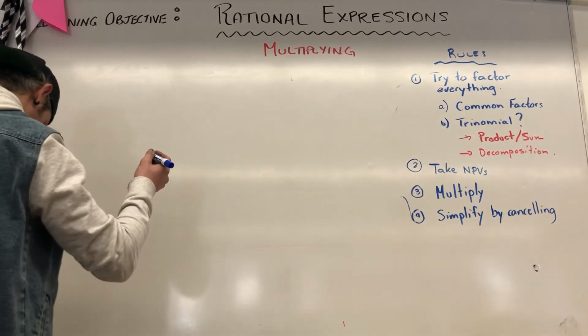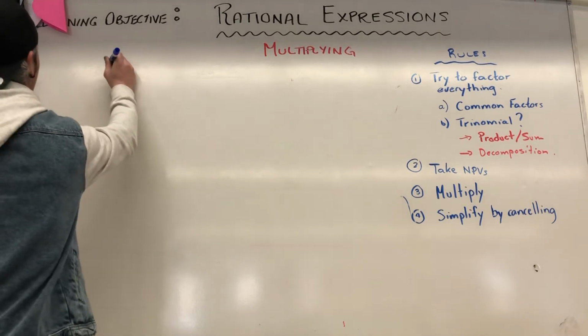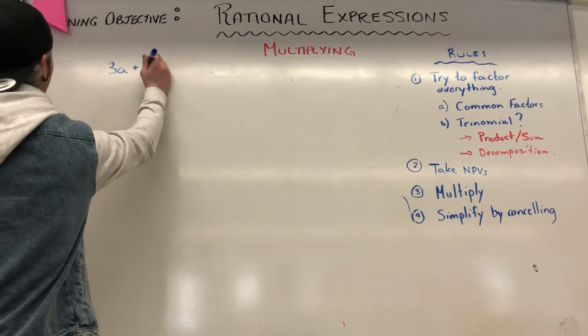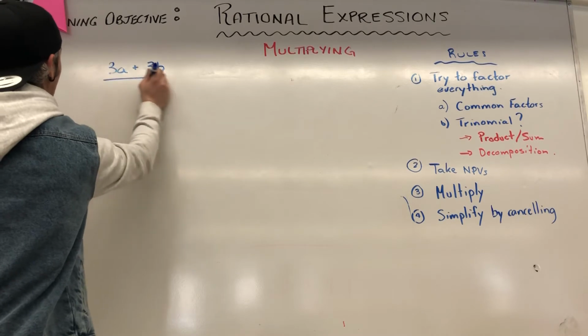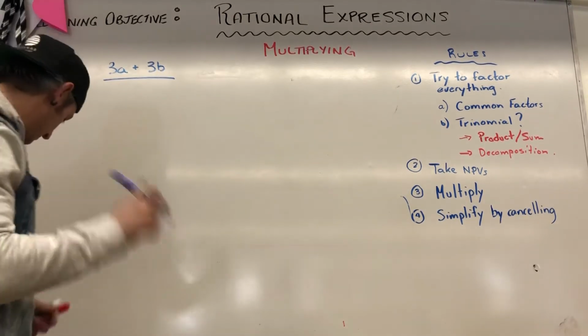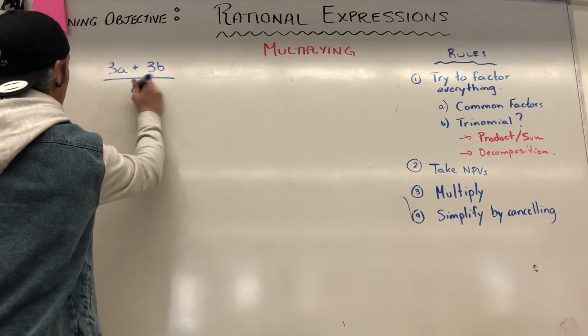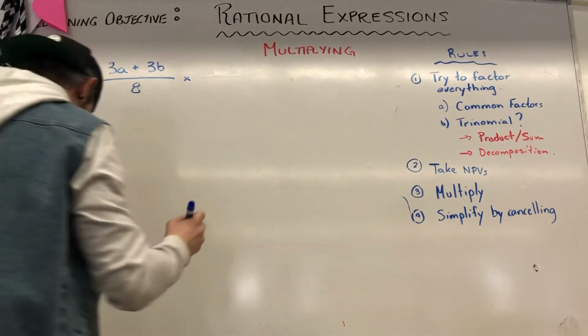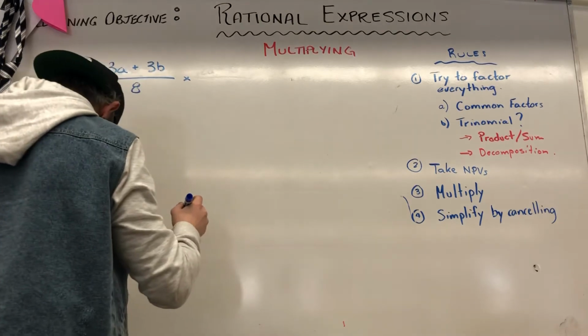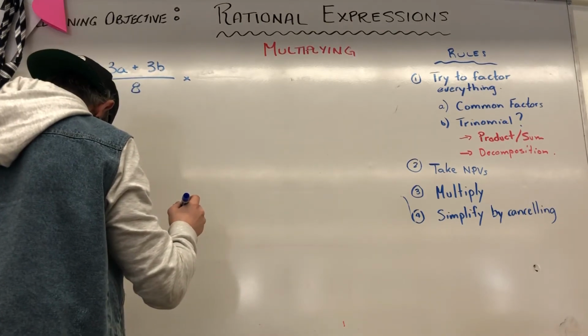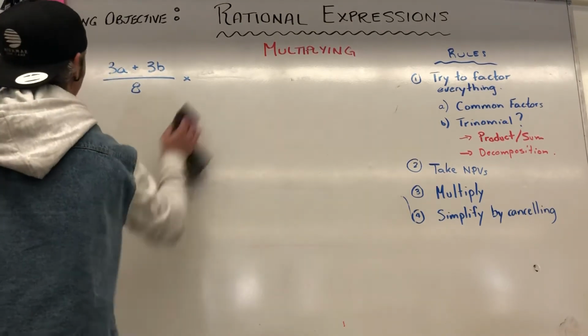One more for fun. Let's say I had 3a plus 3b over 8 multiplied with... no, I'm not doing this one. This one's weird.